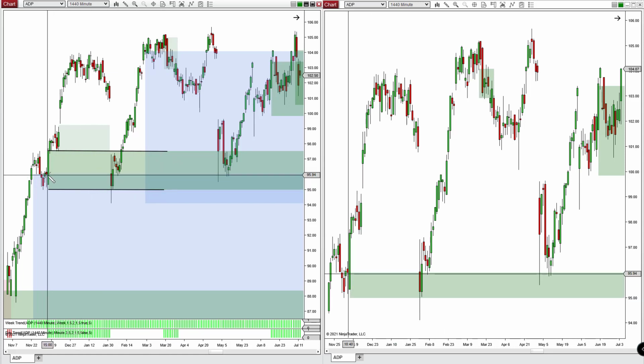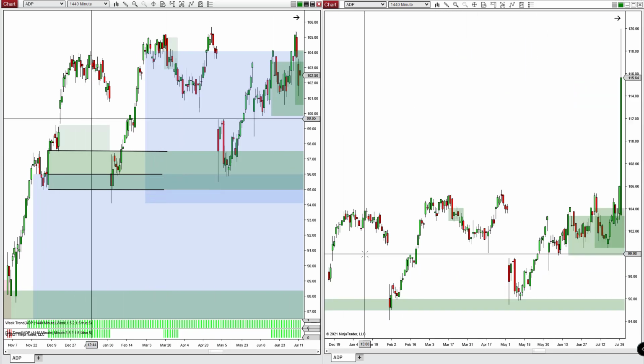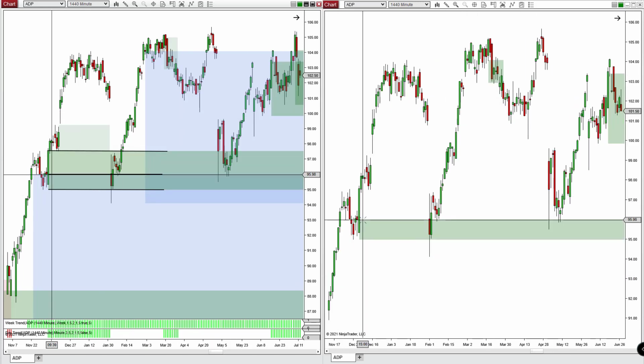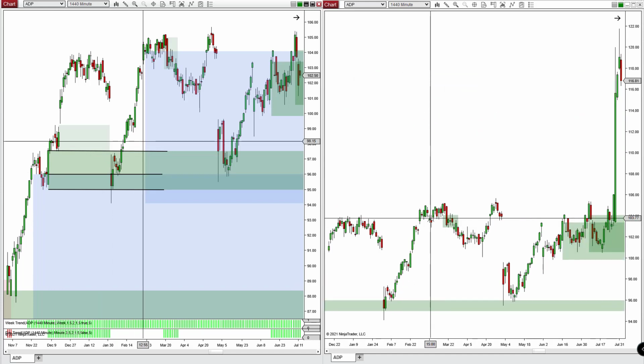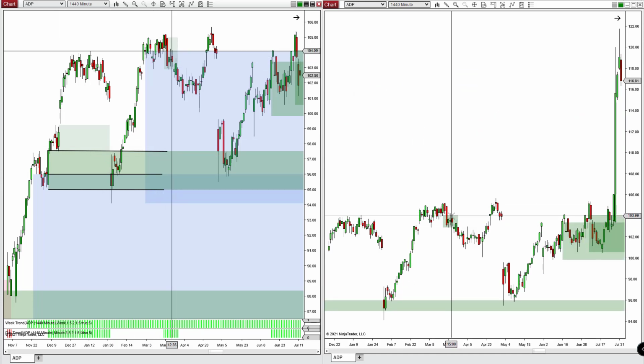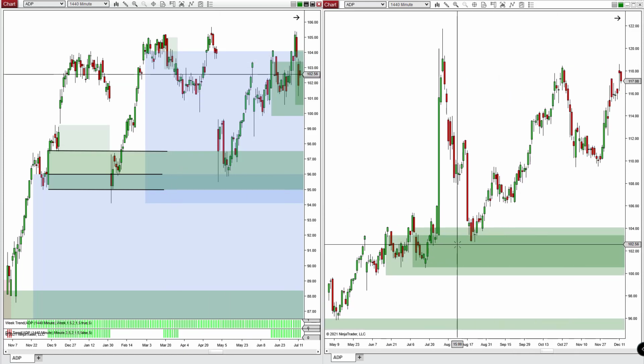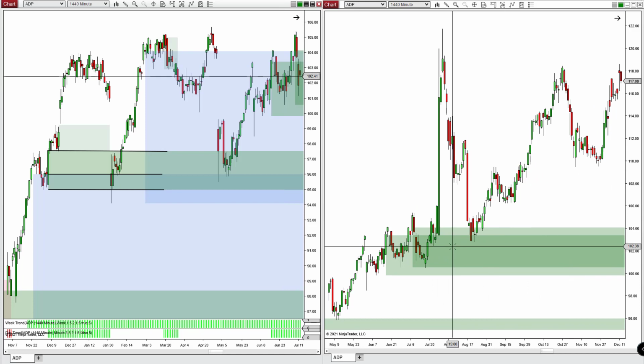But you can see the only portion that overlaps is right here. So over on this side, that's all you see, is just the piece that overlaps. And then again, we have this zone, this one overlaps, doesn't work out, then here's this one.